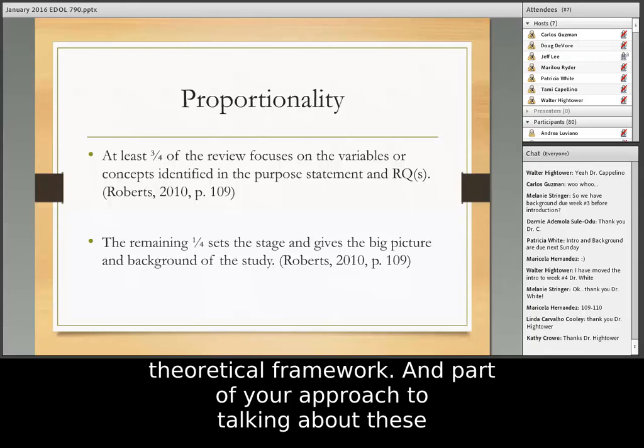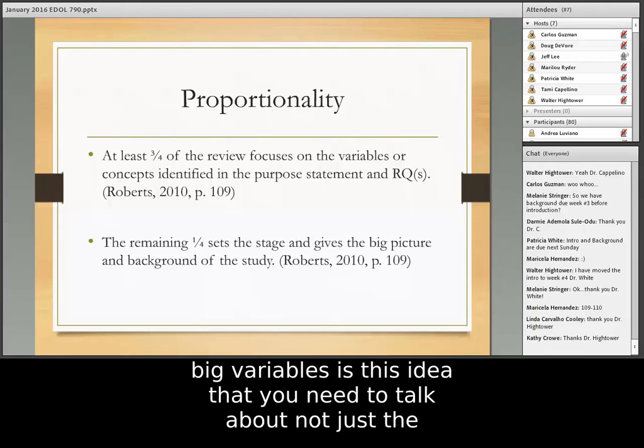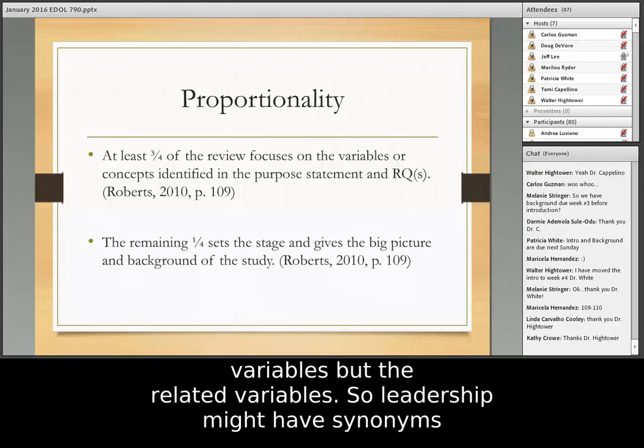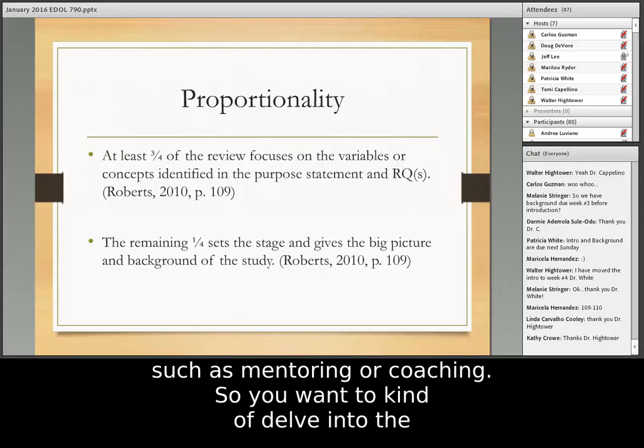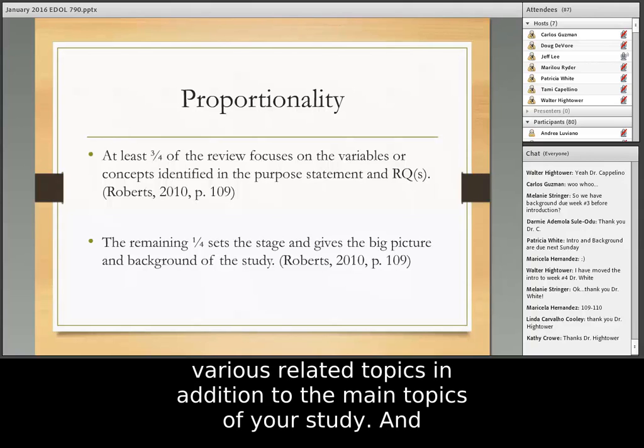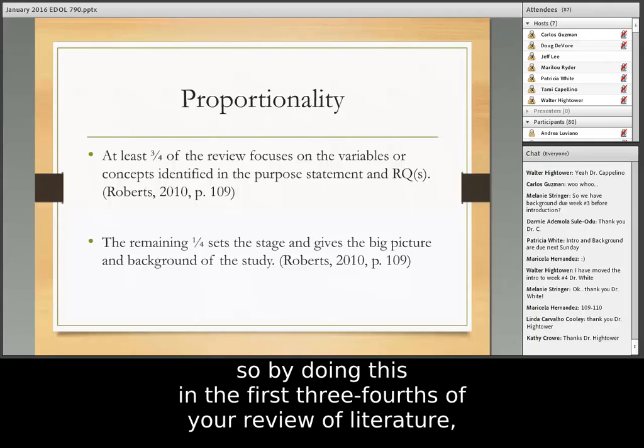And part of your approach to talking about these big variables is this idea that you need to talk about not just the variables, but the related variables. So leadership might have synonyms such as mentoring or coaching. So you want to delve into the various related topics in addition to the main topics of your study.